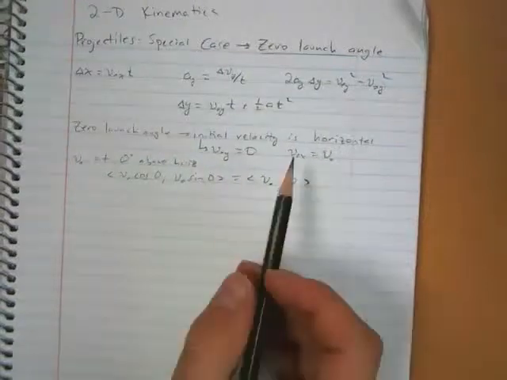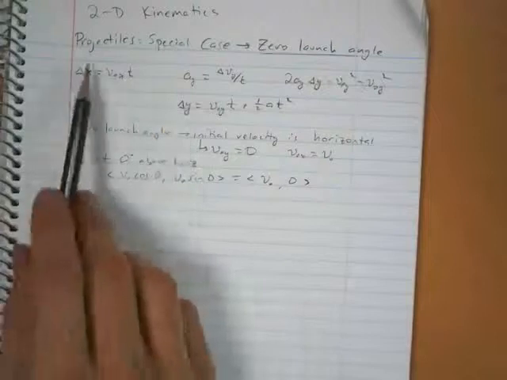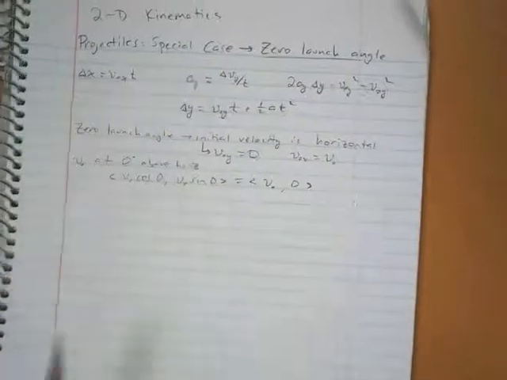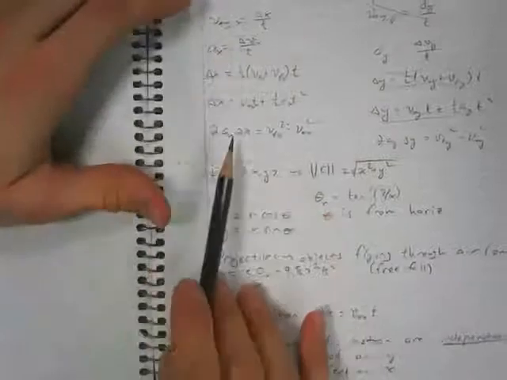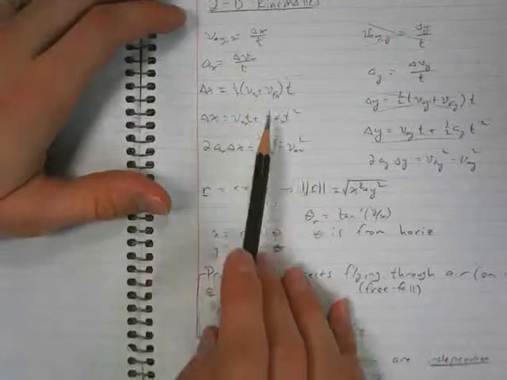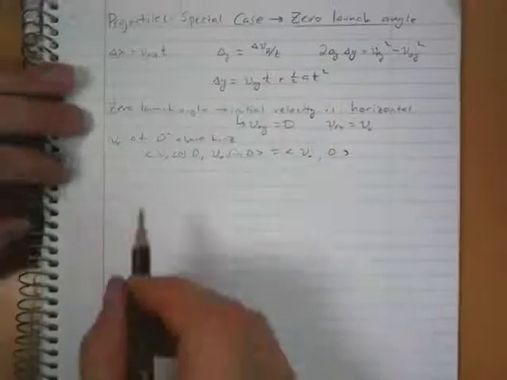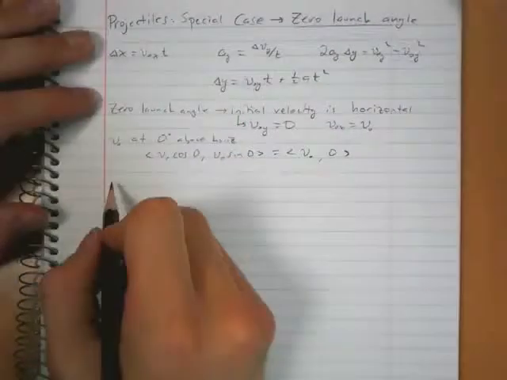On a test or quiz, the more general equations that you saw all through last unit are the ones I'm going to be giving you. But you can recognize that if the y component of your velocity is 0, then that'll go away. So I'm going to write down equations for this case, but these aren't equations that I'll give you on a quiz or test. I'll give you the more general equations that you'll then have to break down.